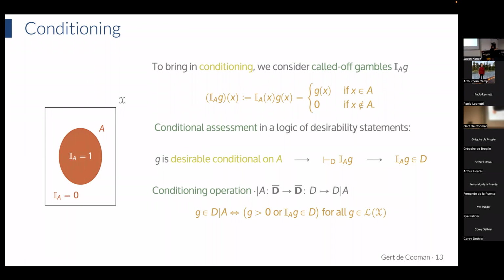Just look at all the G that are either positive, so are in the background, or for which the called-off gamble is desirable. That is conditioning. This is how you condition sets of desirable gambles. There's no problem with sets of probability 0. No probability 0 in this picture. It always works, unless A is empty.